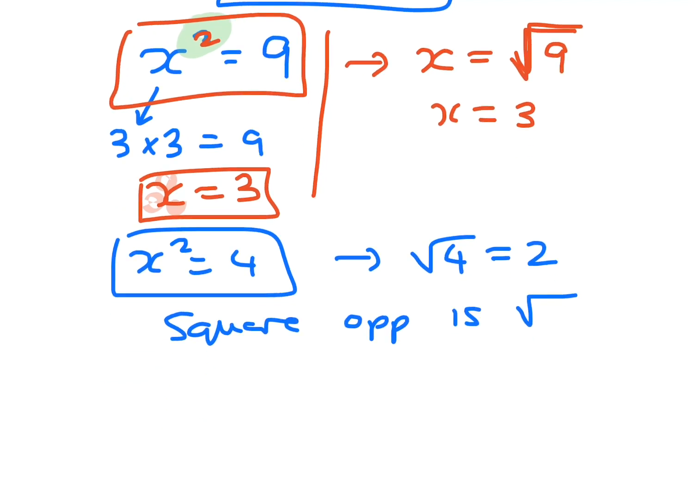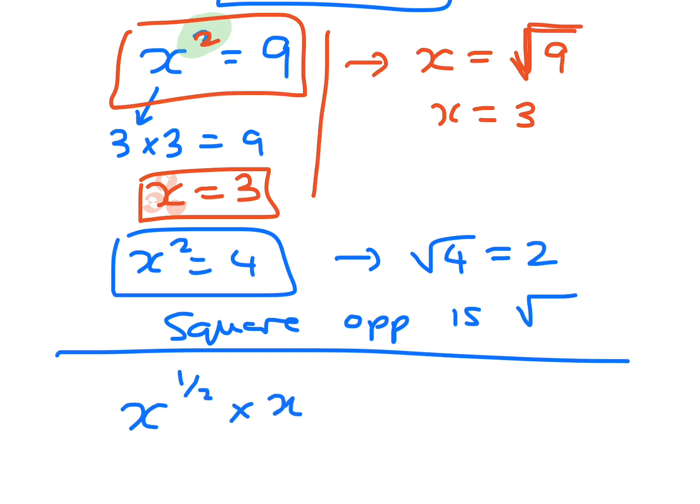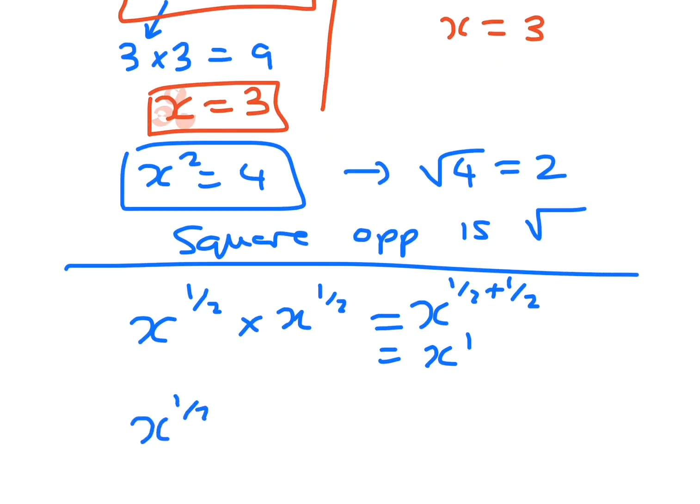Okay, so we're just going to look at a scenario. Let's look at if I had x to the half times x to the half. That would be a half plus a half, because remember you add the indices. A half plus a half is 1. So x to the half times x to the half will equal x to the 1, or simply x.